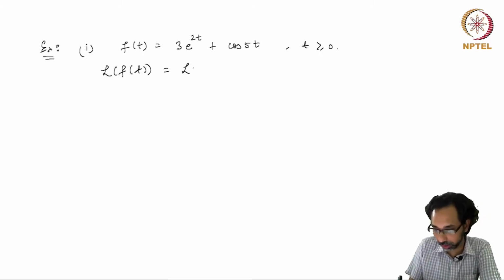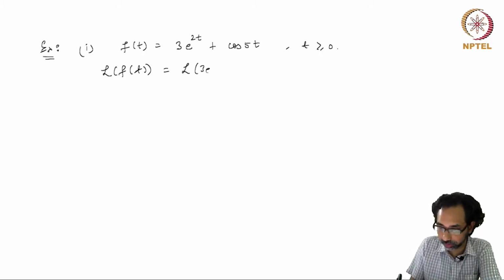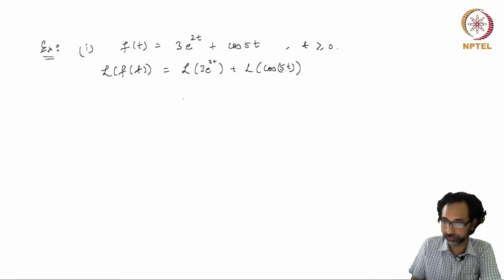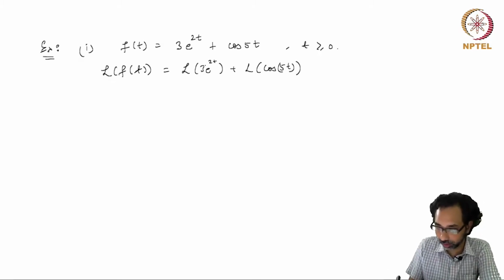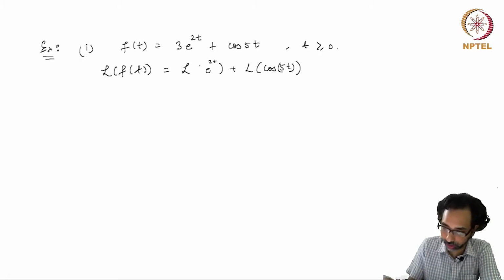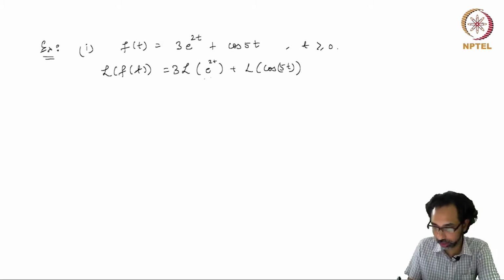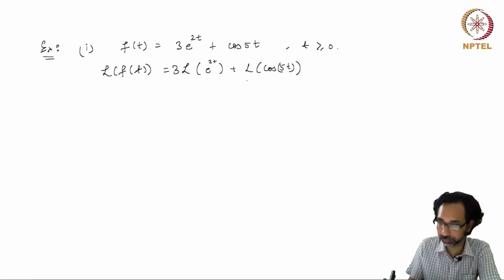This is simply the Laplace transform of 3 e to the power 2t plus the Laplace transform of cos of 5t, and here you can of course take the 3 outside the Laplace transform. So 3 times the Laplace transform of e to the power 2t plus the Laplace transform of cos 5t.